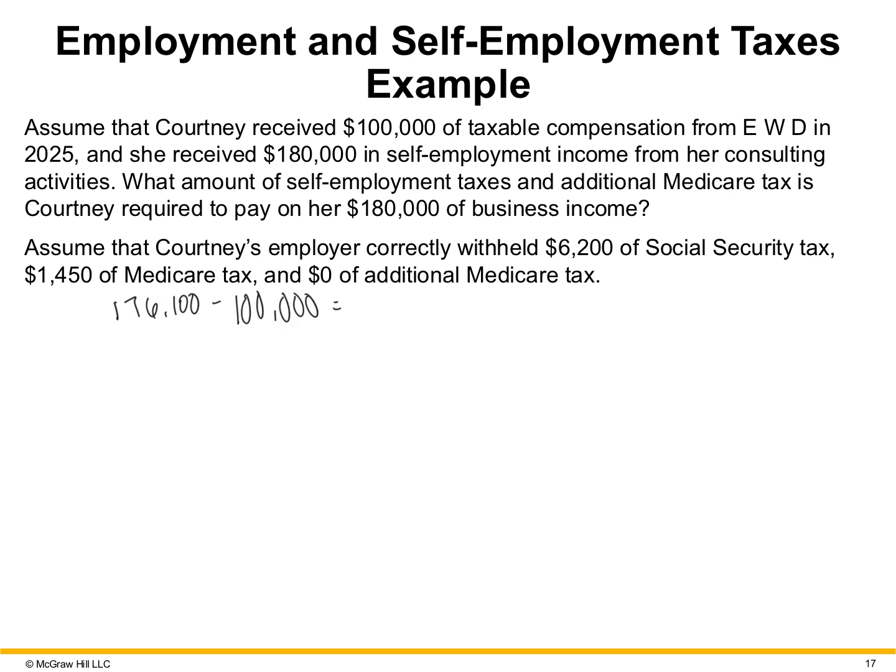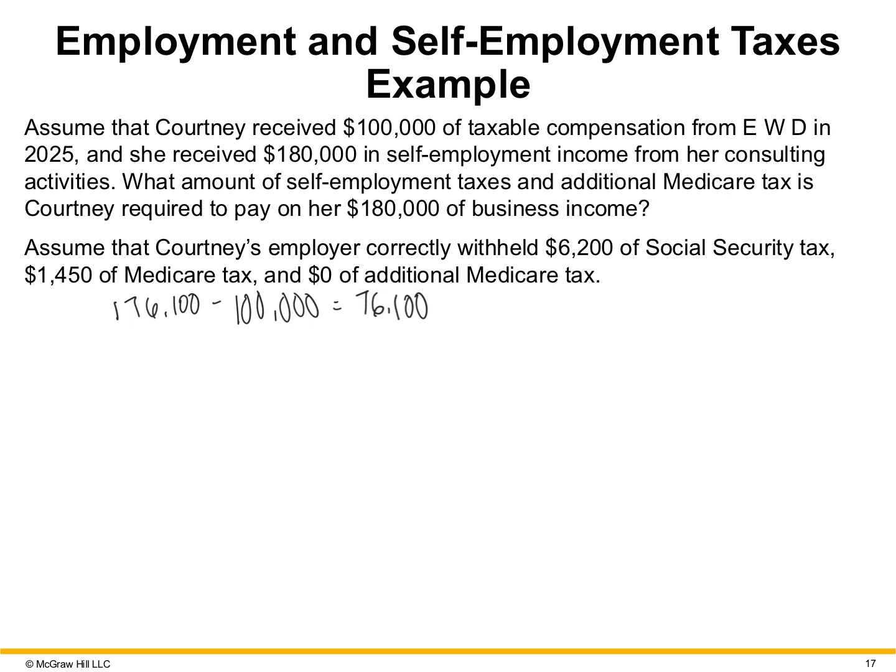So our Social Security tax base limit minus the employee compensation that was subject to Social Security tax already, because they told us that Courtney's employer correctly withheld Social Security tax, that amount becomes $76,100.